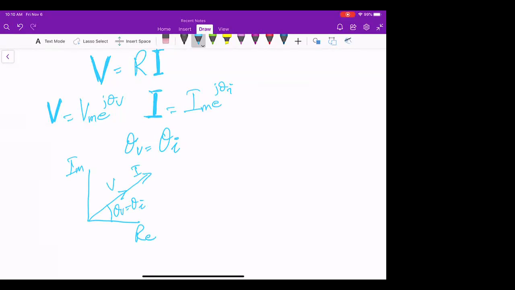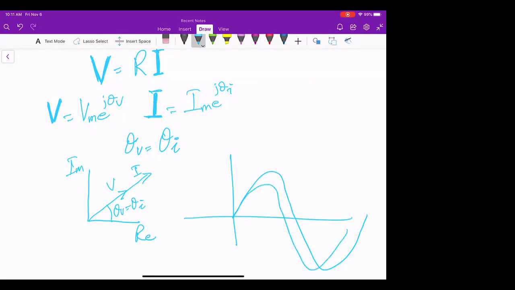Now, when we are plotting both of them in the sinusoidal form, they have the same frequency, and if this is sine, they will follow the same crossings. Their amplitudes can be different, but their phase cannot be different.